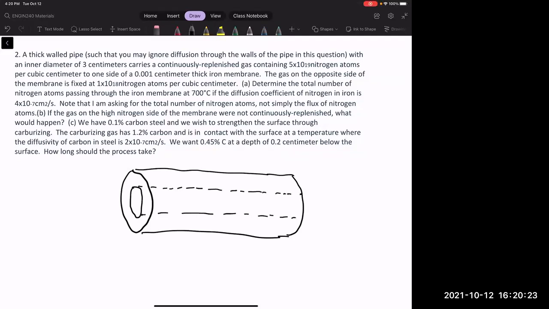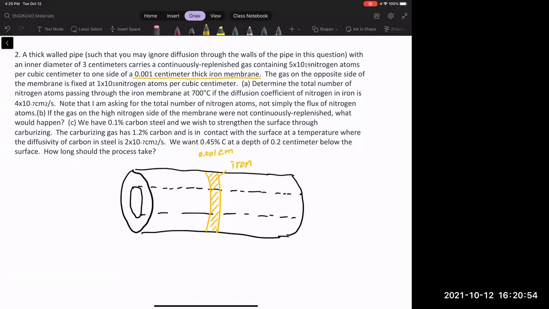Inside the pipe you have a thin membrane. This membrane is iron. They give you the thickness of the membrane, which is 0.001 centimeter.